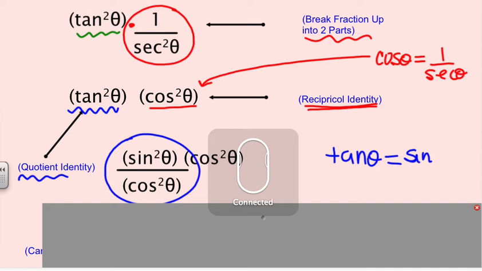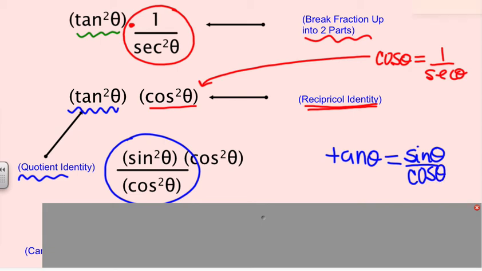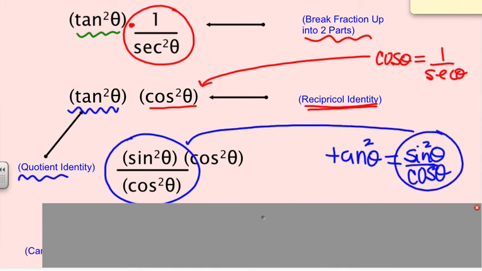Now, if you want to change this to a tangent squared, then this is a sine squared and a cosine squared. So now I can replace it right here. Now I've converted everything to sines and cosines.